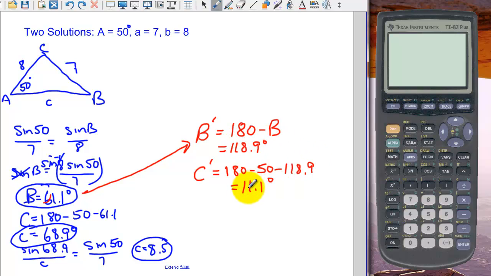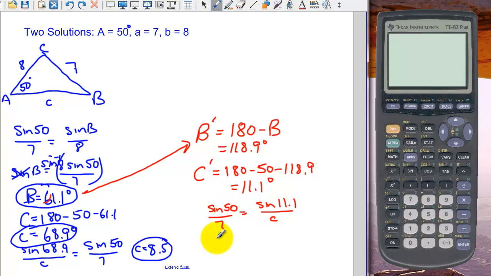So if you get to this point, then we have a valid second solution because we have three legitimate angles, 50, 118.9, and 11.1. So we have to find an alternate for side C because it's going to be a different length. So we can set up sine of 50 over 7 equals sine of 11.1 over little c.